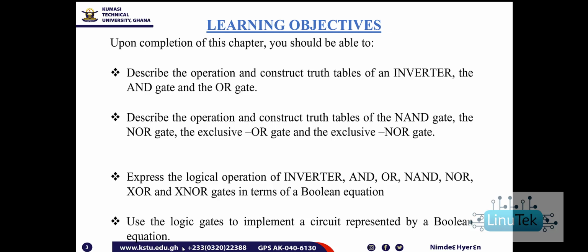That is the NOT gate, the AND gate, and the OR gate. You should also be able to describe the operation and construct truth tables of the NAND gate, the NOR gate, the exclusive OR gate, and then the exclusive NOR gate.